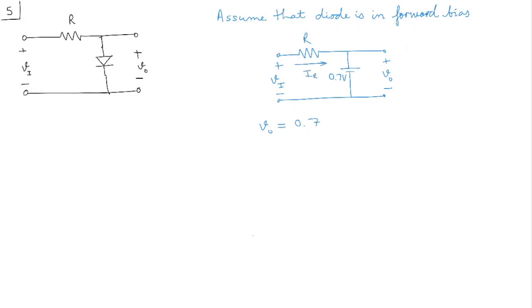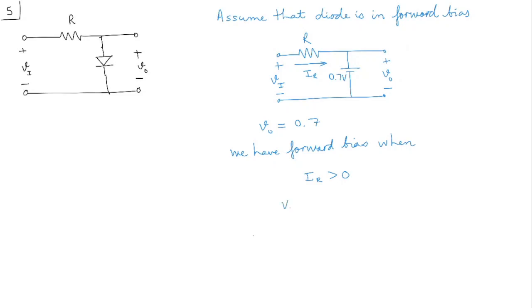So when IR is greater than 0, we have forward bias, because if IR is greater than 0, that means the current is flowing in the positive direction through the diode, right? If this was reverse biased, IR will be equal to 0. So that's our condition.